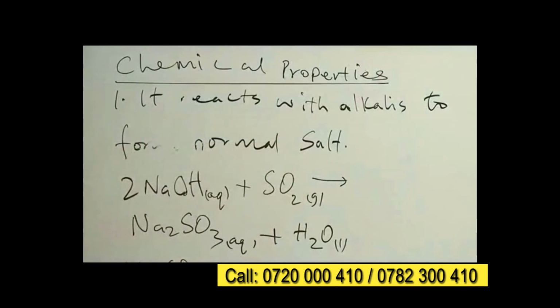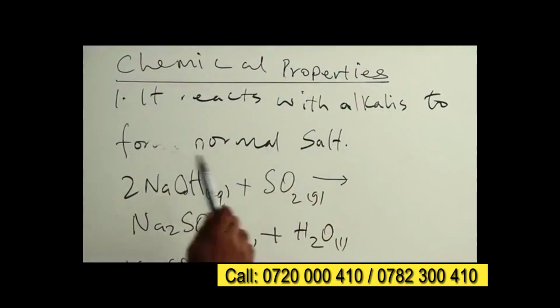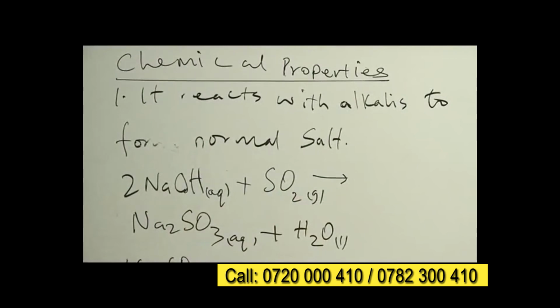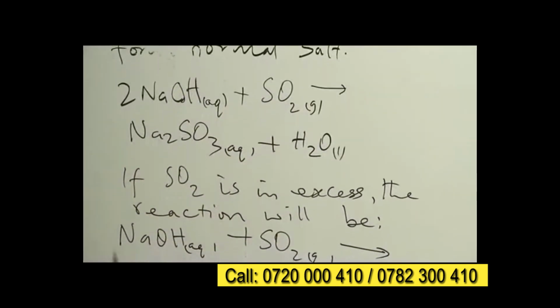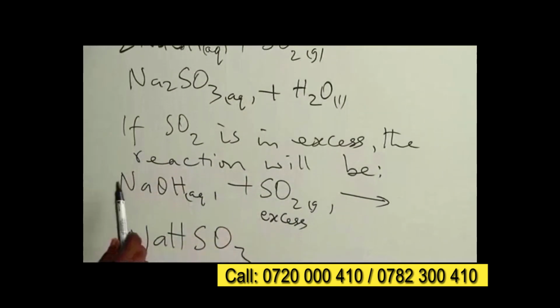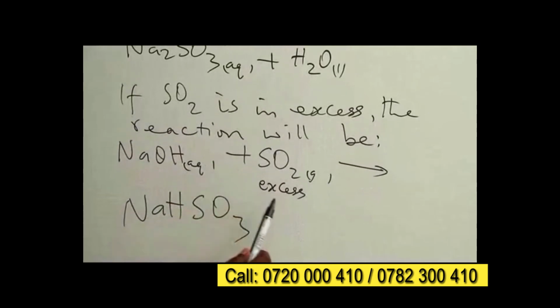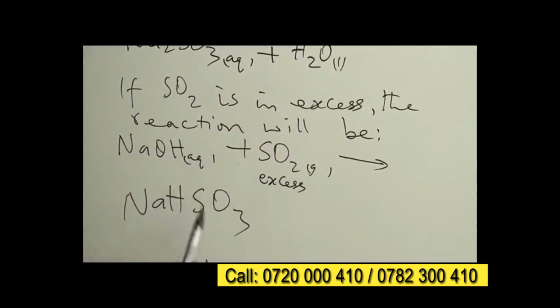Chemical properties. Number 1. It reacts with alkalis to form normal salt: 2NaOH plus SO2 gives Na2SO3 plus water. If SO2 is in excess, the reaction will be NaOH plus SO2 excess to give NaHSO3.